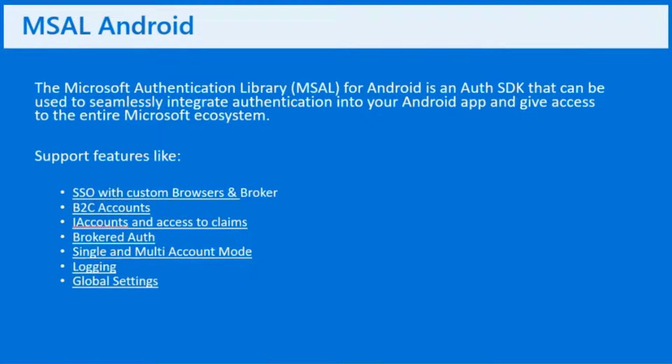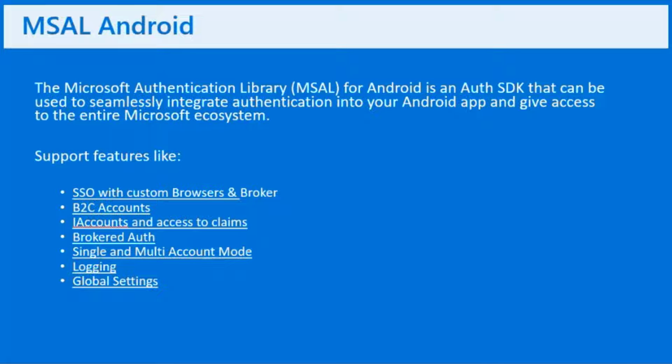MSAL Android basically enables you to acquire security tokens from the Microsoft Identity Platform to authenticate your users and access secured web APIs. So when you're using MSAL Android, you do not need to directly use the OAuth libraries and write code against the protocol in your application. It maintains the token cache and refreshes the tokens for you when they are close to expiring.